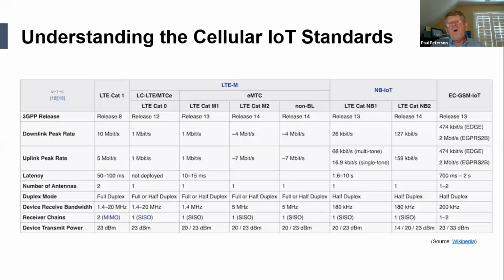So what's happening is we see a different branch, or a different tactic, if you will, by the major carriers, the ones putting in the infrastructure, the cell towers, for IoT. About 5 years ago, we would legitimately ask the question: does Verizon, does AT&T, does Vodafone care about IoT?